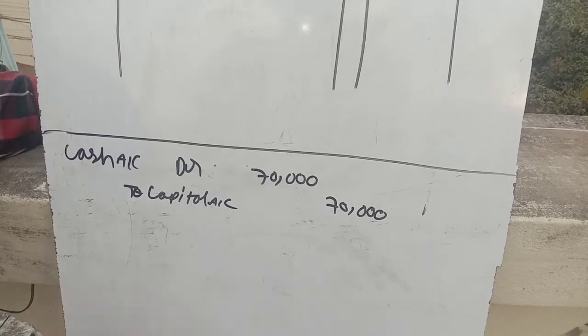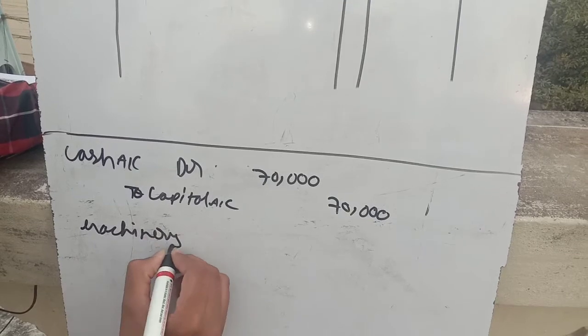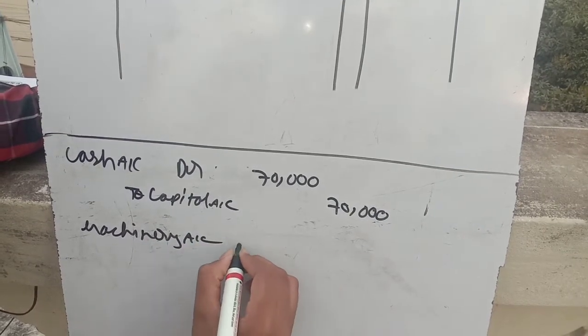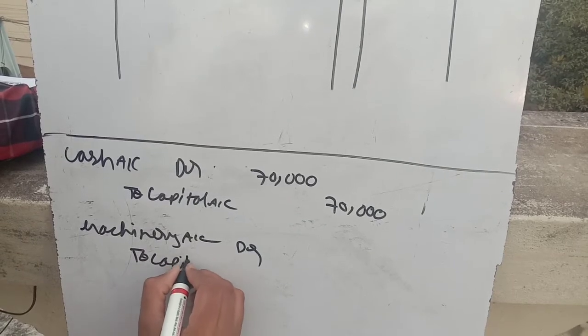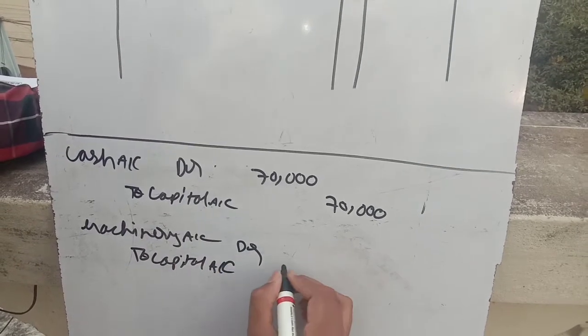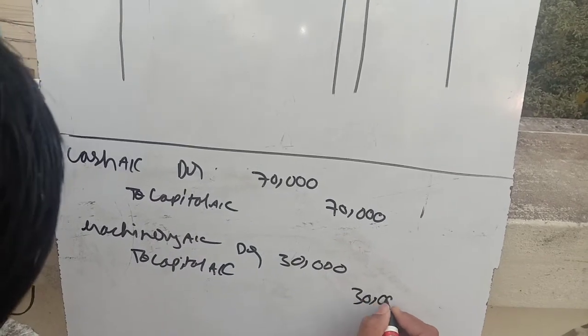This is the first entry. And the second entry is machinery account debit to capital account, 30,000 and 30,000.